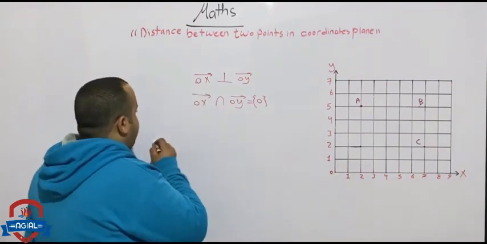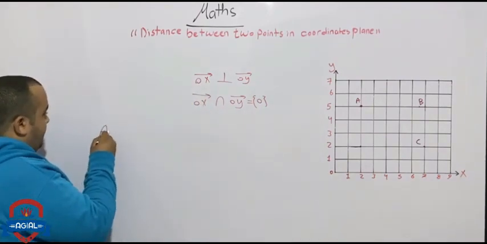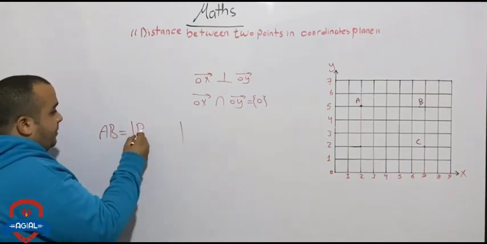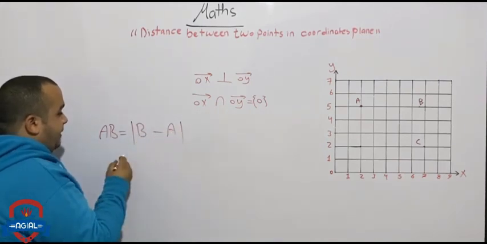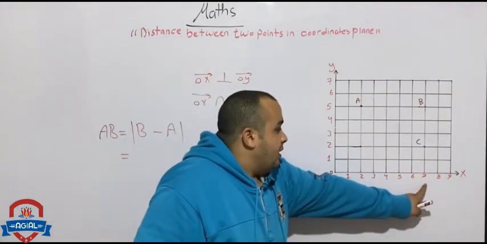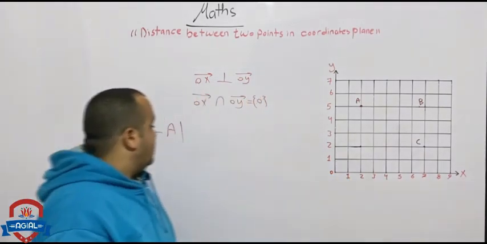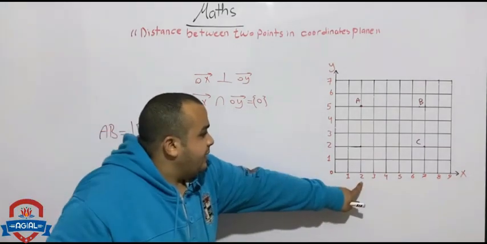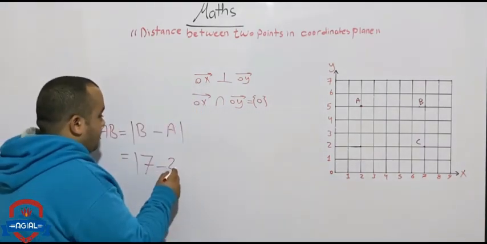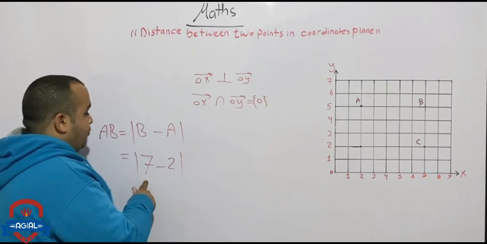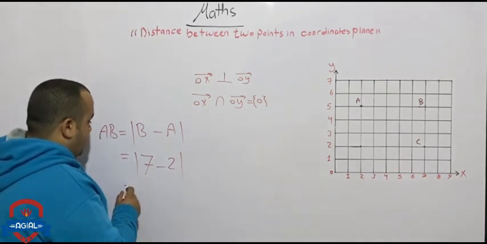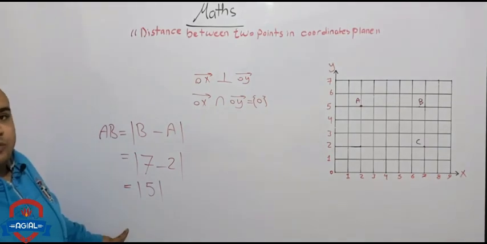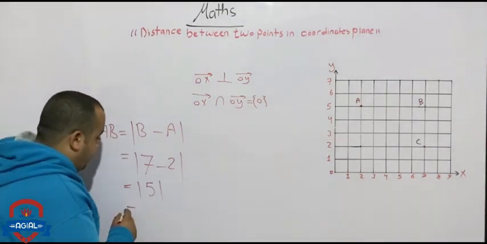The length of AB equals the absolute value of P minus A. P on OX equals 7 and A equals 2. So the absolute value of 7 minus 2 equals the absolute value of 5, and the absolute value of 5 equals 5.